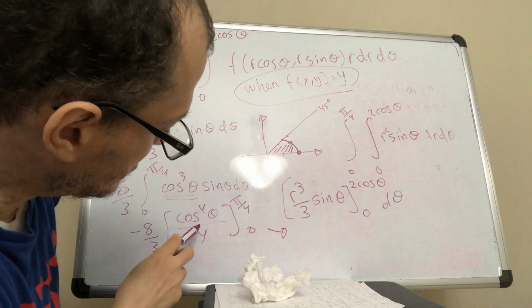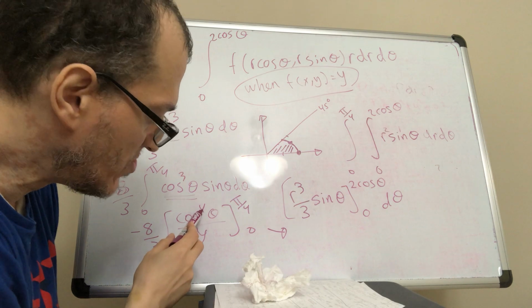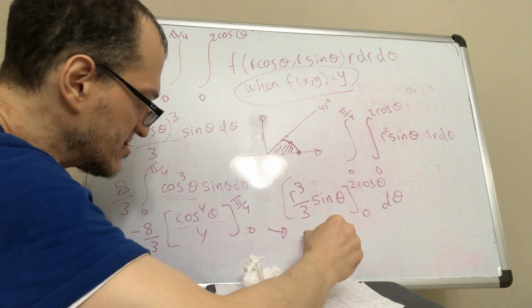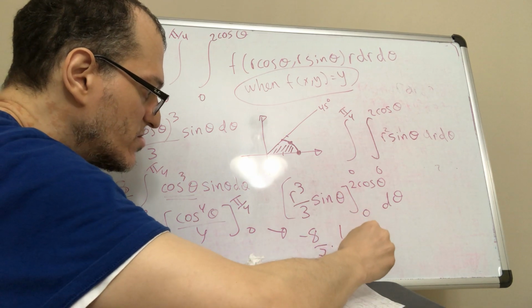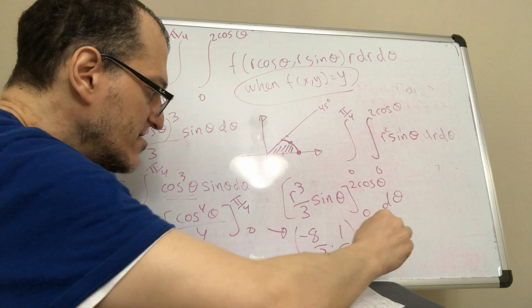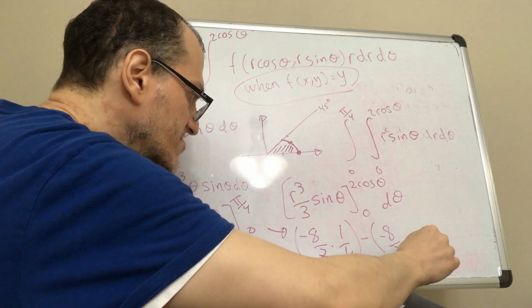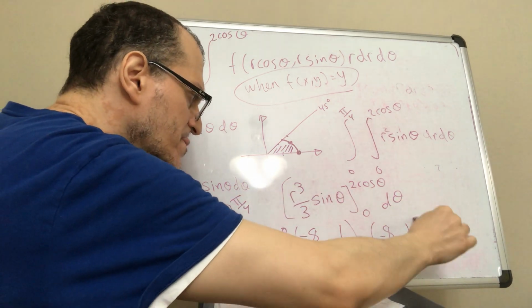Cosine pi over 4 is 1 over root 2 to the power 4. It becomes 1 over 4. Divide by this, 1 over 16. So 8 over 3 times 1 over 16 minus 8 over 3. And 0 here will give you 1 over 4.